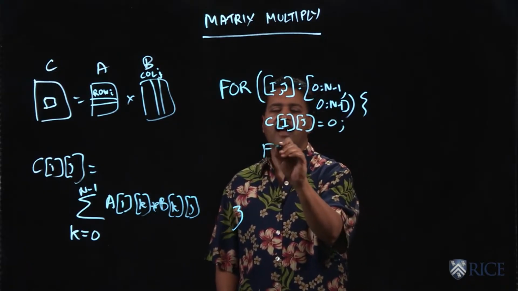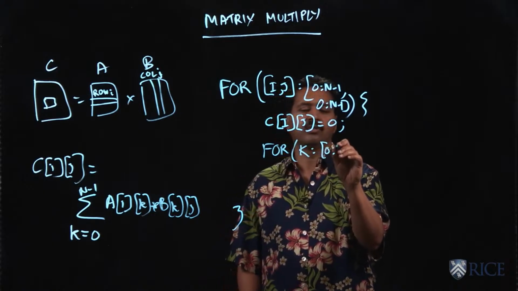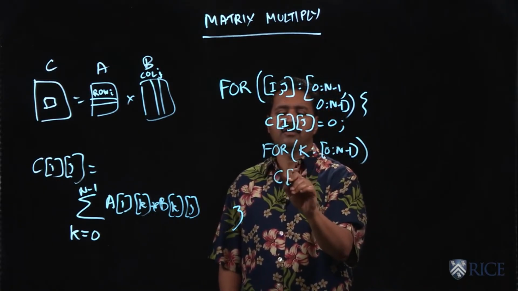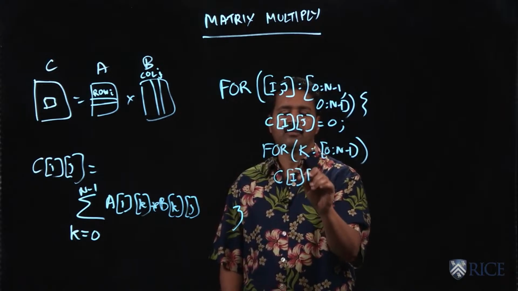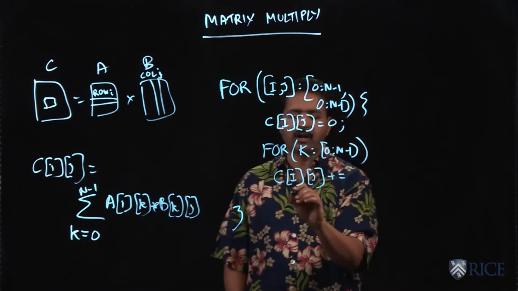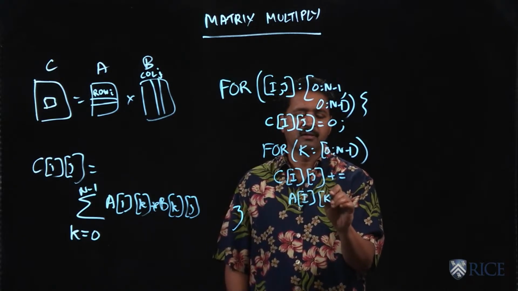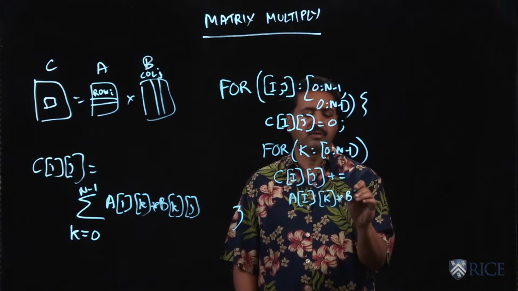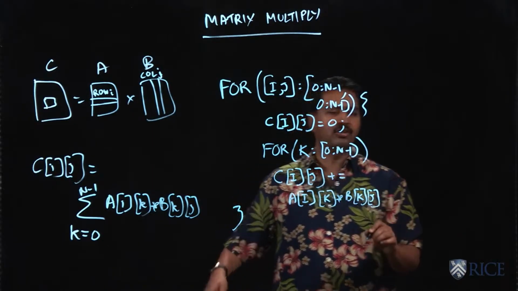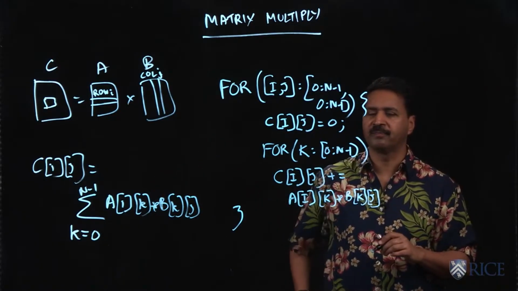and then add a new loop k that iterates from 0 to n minus 1 as well, and accumulates the inner product by doing a sub ik times b sub kj. So this is pretty much a direct translation of the math formula into sequential code.